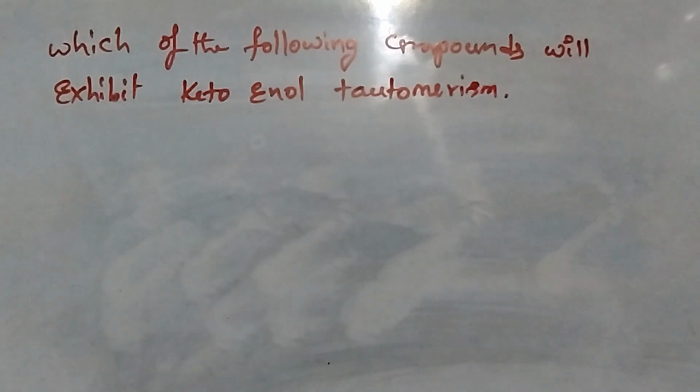Okay, see, previously you have seen all compounds, nitroform and cyanides also you have seen. Hydrogen cyanide and hydrogen isocyanide both are tautomers, not functional isomers. Okay, remember.